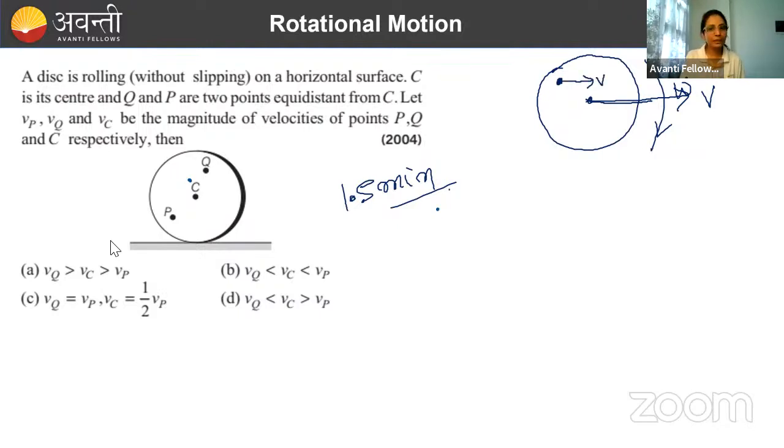Now, because of rotation, it will have velocity in what sense? So it is rotating like this. If you have learned to find velocity due to rotation, here I will draw the tangent. It is rotating in this sense, so tangent will have this direction. This point will have velocity in this sense. This point will have velocity in this sense. This point will have velocity in what sense? It is rotating something like this, no? So tangent here in this direction.